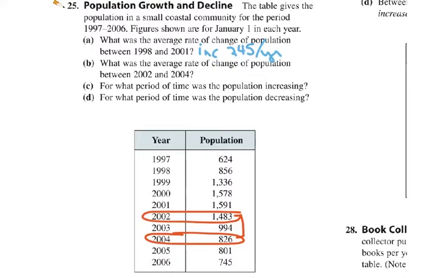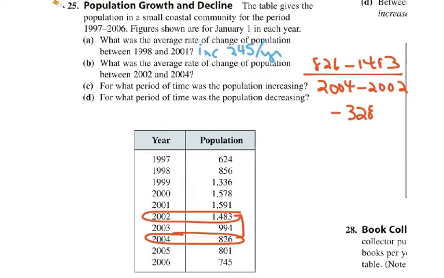This time I'm going to do 826 minus 1483, because your y's go in the numerator, over 2004 minus 2002. So we're going to get negative 657 over 2004 minus 2002, which is 2.